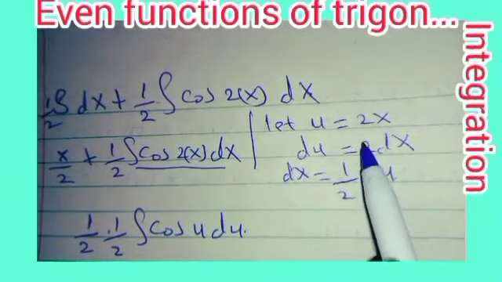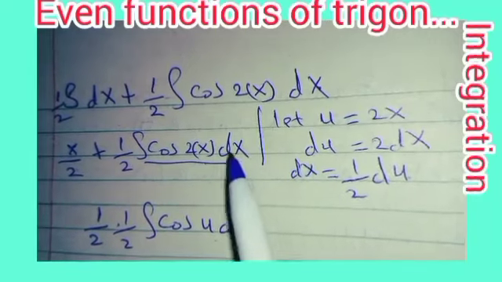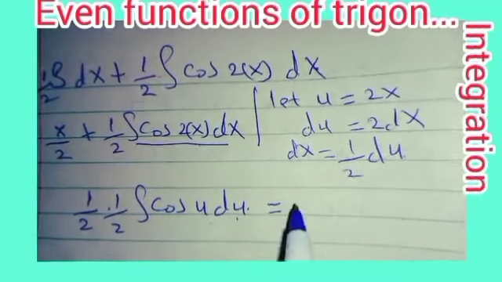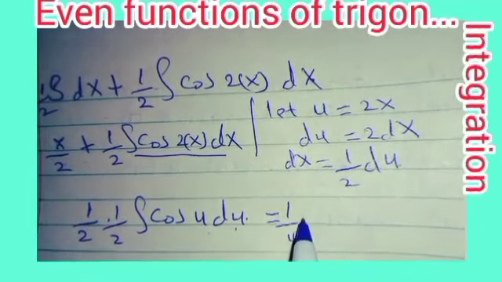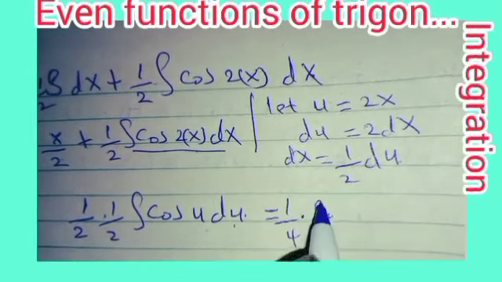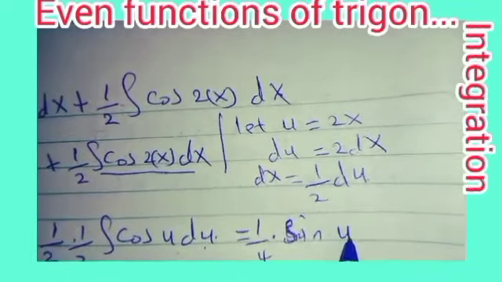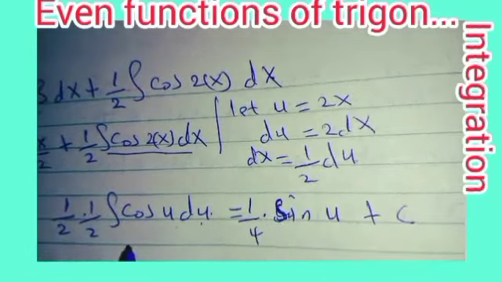So half multiplied by half integral of cos of u du. After substituting 2x with u, and dx with half du, we are going to obtain 1 over 4 multiplied by sine of u plus c.